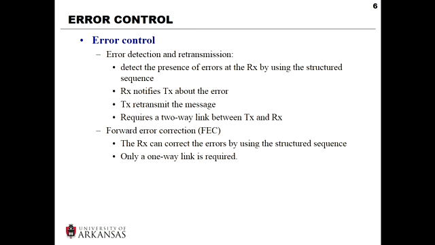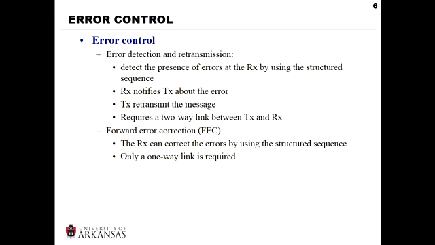Okay? And the second type of error control is forward error correction. For forward error correction, we no longer need a reverse channel from the receiver to the transmitter. Instead, the coding needs to be sophisticated enough such that the receiver can not only detect the presence of the error, but the channel code should also be able to correct the errors.